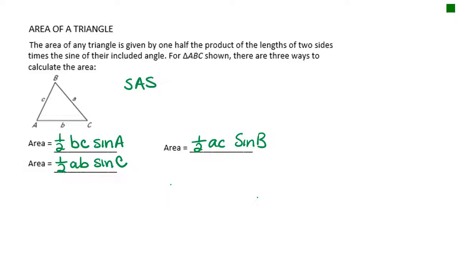So let's do an example. All right, so here's an example. Let's say I know side A is 1.4 meters, side B is 2.3 meters, and the measure of angle C is 78.1 degrees.